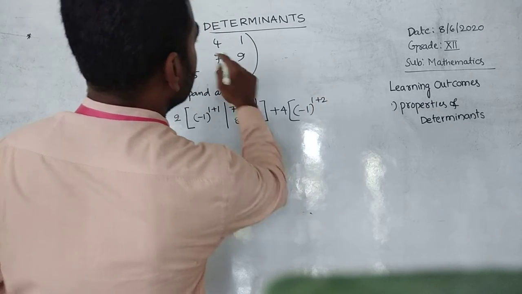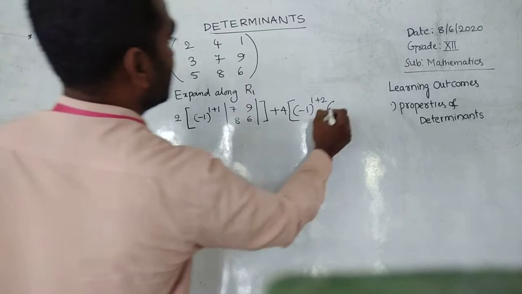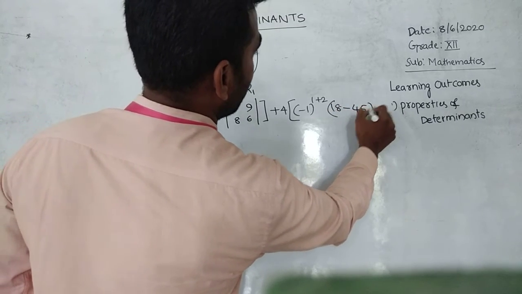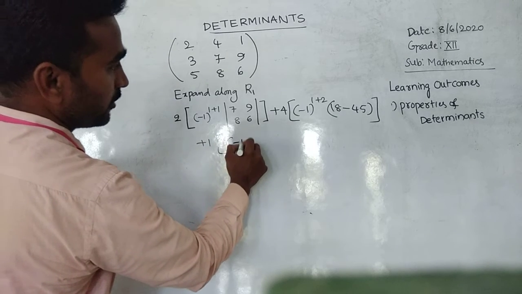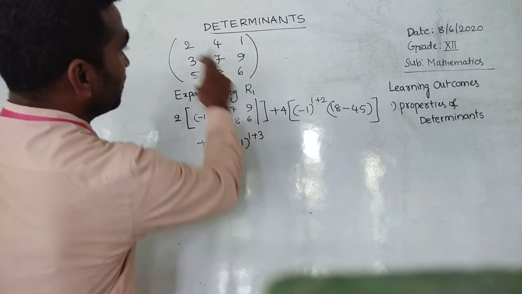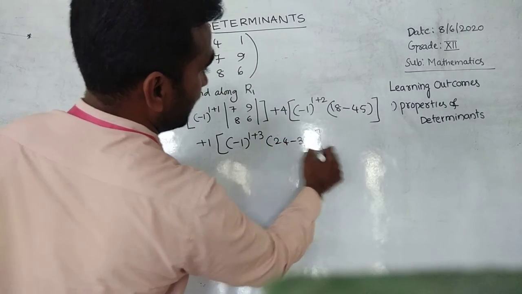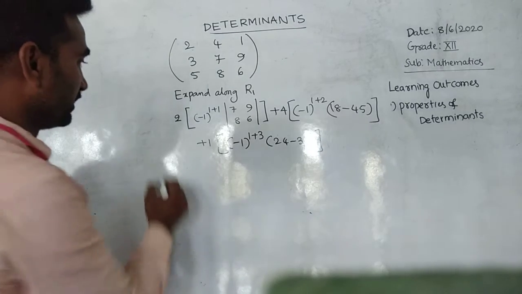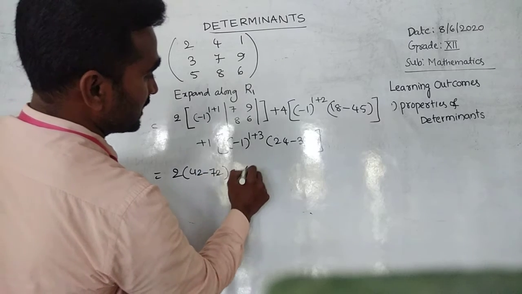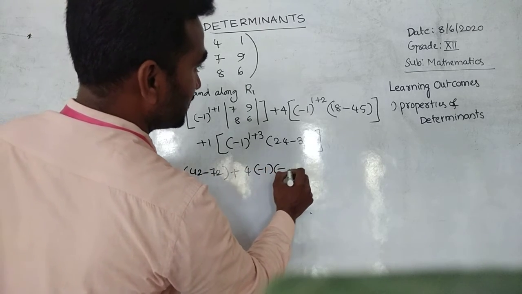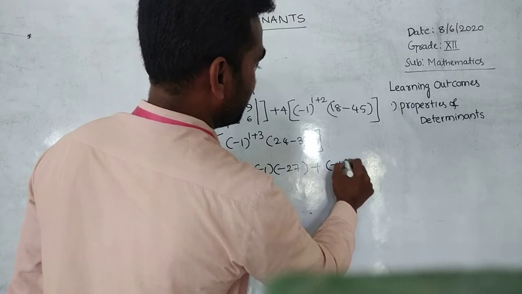and the determinant of these two. See here, 3 times 6 is 18 minus 5 times 9 is 45, and last one plus 1 into minus 1 power i plus j, first row and third column. By deleting this row and this column, 24 minus 35. Simplify this and you will get the determinant of the 3 by 3 matrix. 2 into 42 minus 72, plus 4 into minus 1 into minus 27, plus 1 into minus 11.